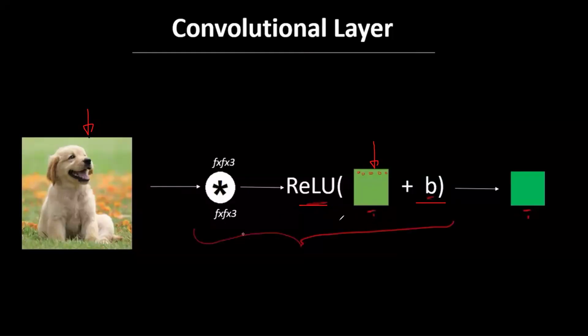This entire unit, which consists of applying the convolution operation and then applying the non-linear activation function, is a convolutional layer. So whenever I talk about the convolutional layer, it means that we are applying the convolution operation using a filter, and then adding a bias to the output and passing it to the non-linear activation function.